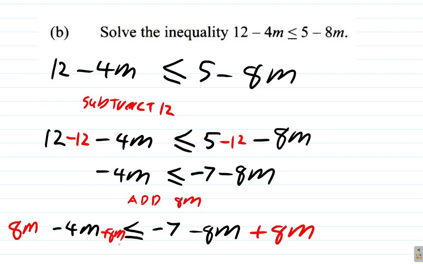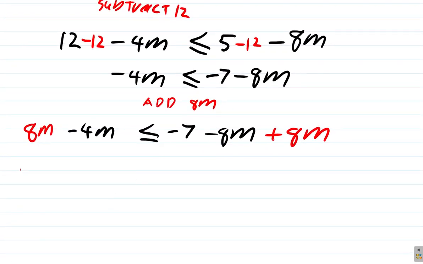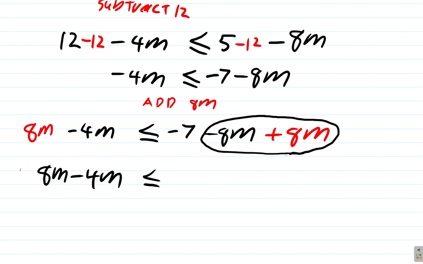That could have been done, but later on I would want to arrange so that the positive is on the left. So it's add 8m. When we add 8m, we have 8m minus 4m is less than or equal to, what happened here? Negative 8m plus 8m is gone. We have 0m over here. So all we have is negative 7.